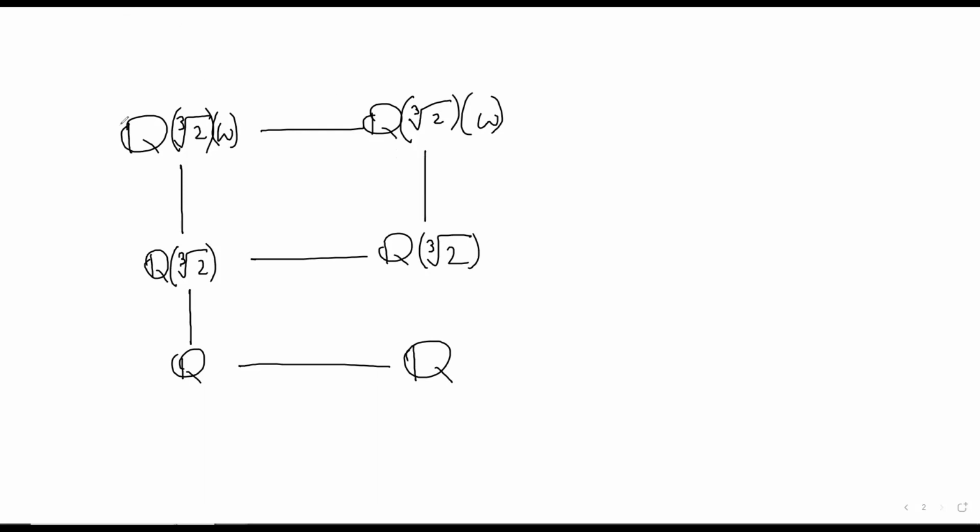So here, maybe I should write omega goes to omega square. So can you tell me what we need to prove? What is the obstruction? Okay.